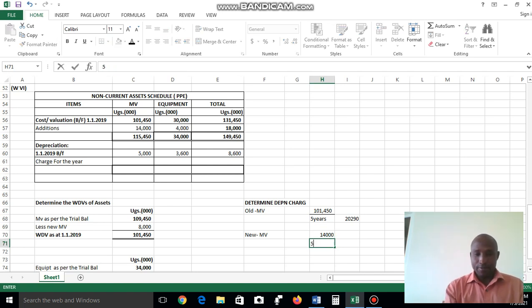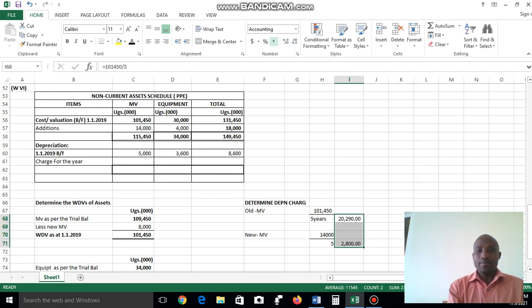So getting 14 divided by 5, we shall have the depreciation for the new motor vehicle.